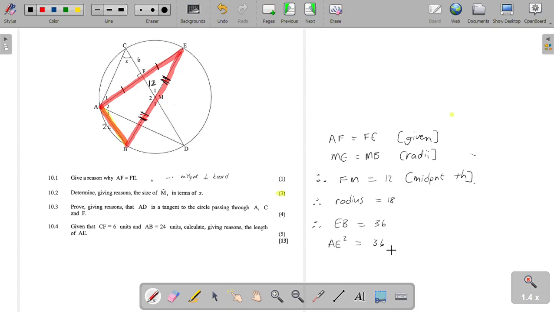AE squared will be equal to 36 squared minus 24 squared. Daai groot driehoek bedoel ek. Die een wat rooi gehighlight is, want ons weet mos daai is 'n 90 grade hoek. So ek kan Pythagoras daar gebruik. So AE will be equal to 12 root 5. Fun! Okay. There are some other ways that you could have done this one as well, but I think that's the easiest one.